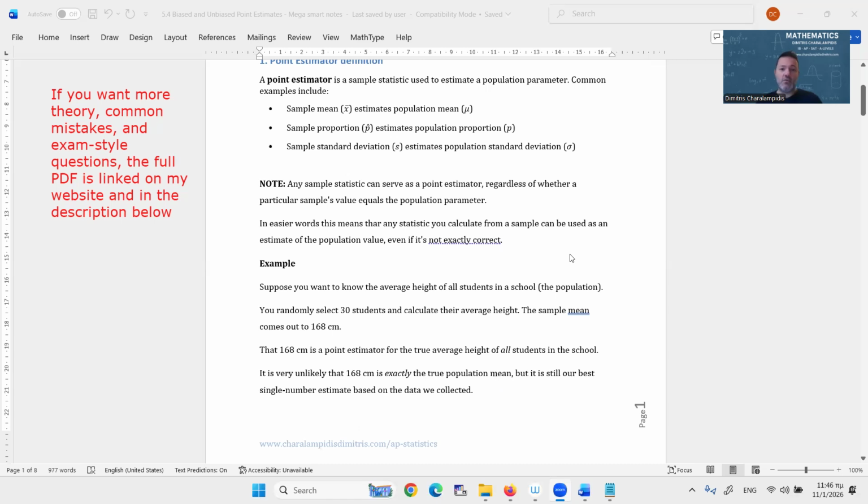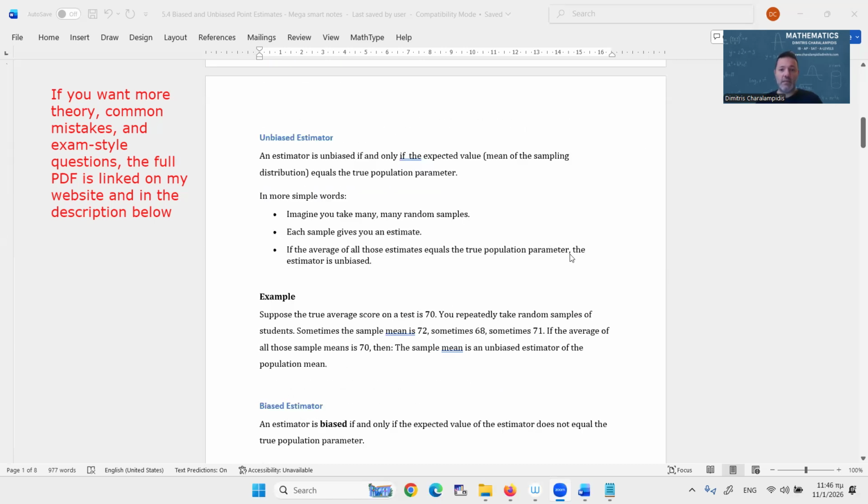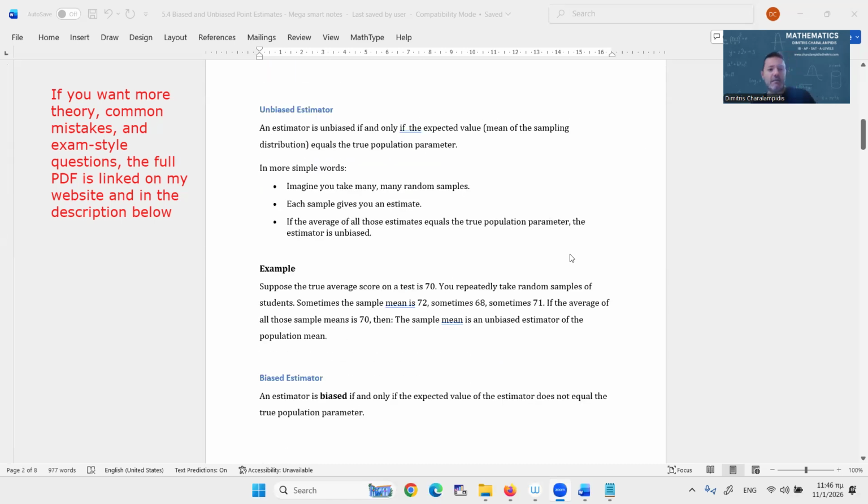Let's now split these estimators into biased and unbiased ones. Let's begin with an unbiased estimator. An estimator is said to be unbiased if and only if the expected value of the estimator equals the true population parameter.